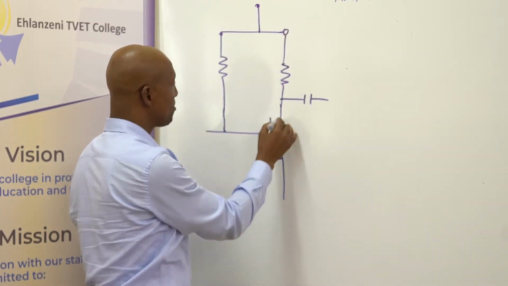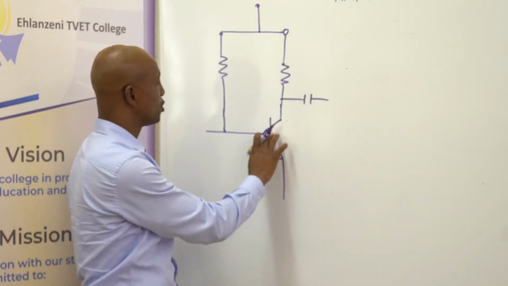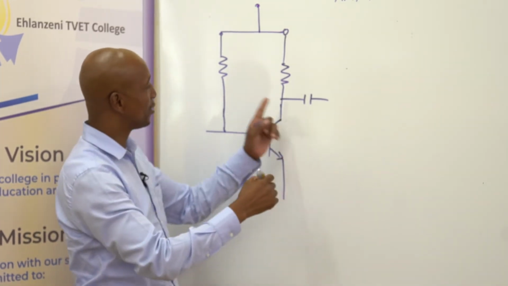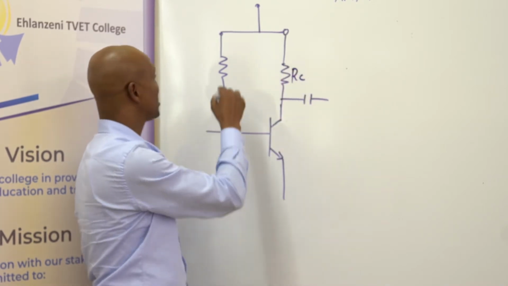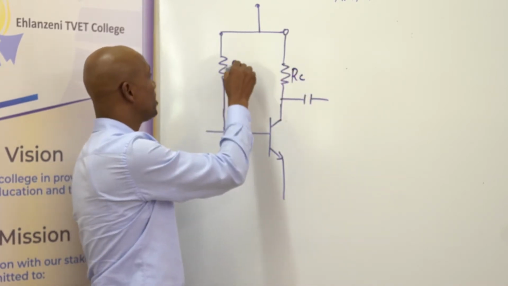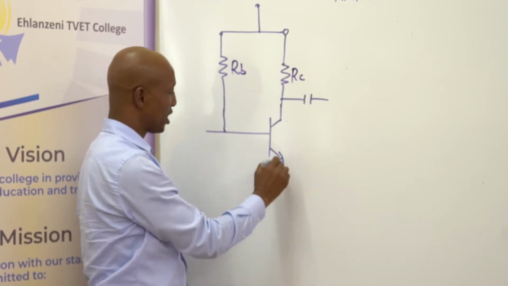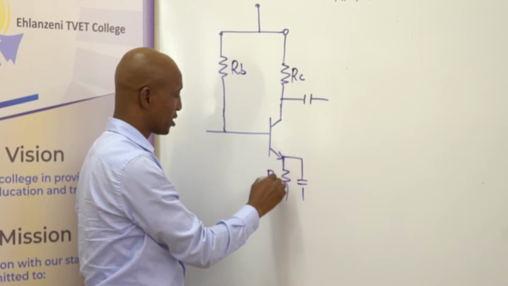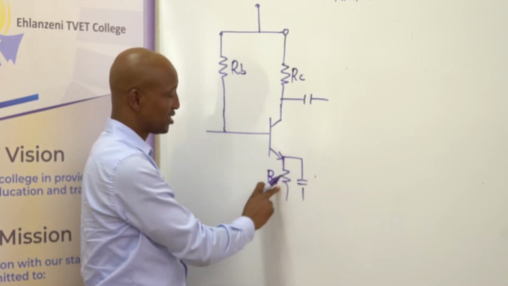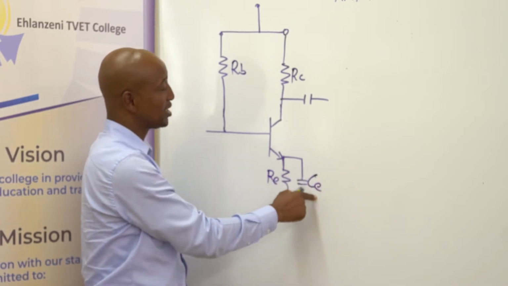We normally name the components according to the terminal they are connected to. Remember, we said it's a collector, so we shall name it an RC. It's a base, we shall name it an RB. We can also have other components here, which we'll call RE, resistance in the emitter, capacitor in the emitter.